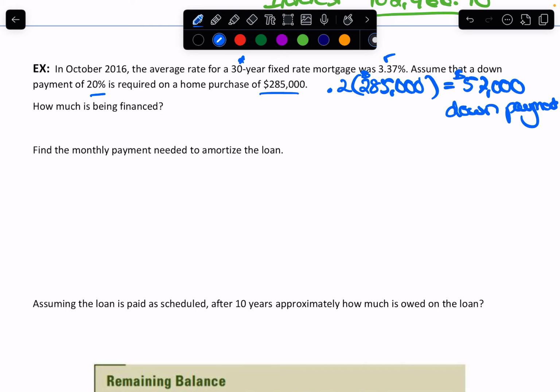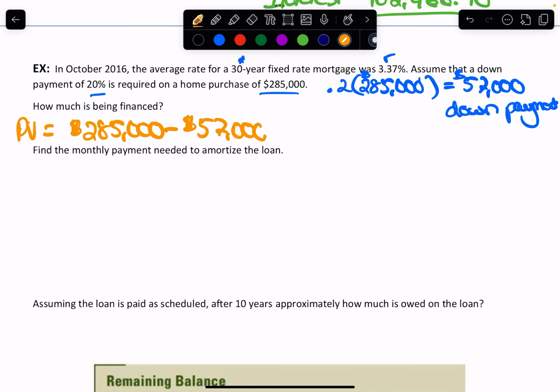So when it's asking for how much money is being financed, that's our present value. It would be 285,000 minus 57,000, which is going to be $228,000. So this is the amount that's going to be financed.